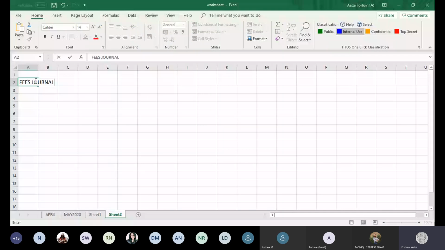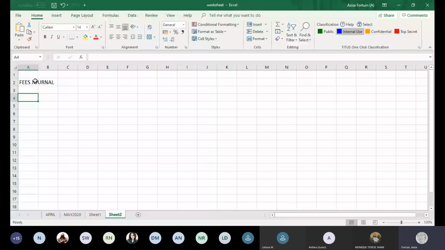So the fees journal we use in conjunction with our cash receipts journal. The fees journal is basically for when you bill the client, you will record it in the fees journal. If you look at this example, they say it's a VAT vendor, and VAT is calculated at 15%.